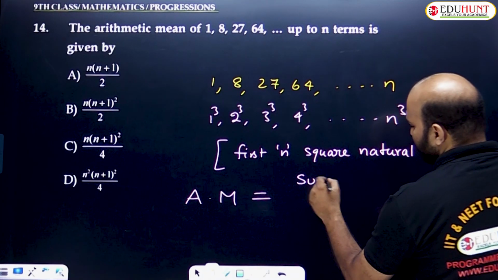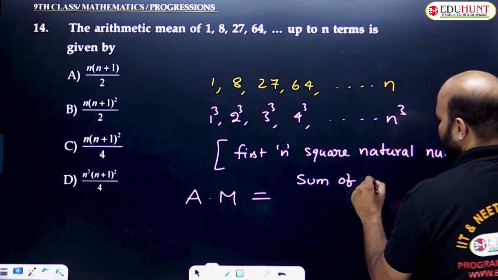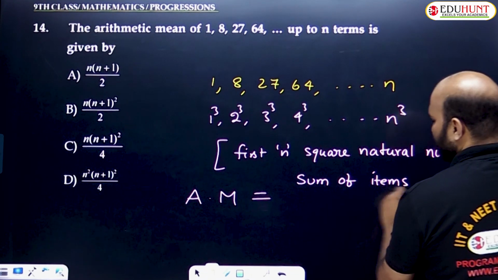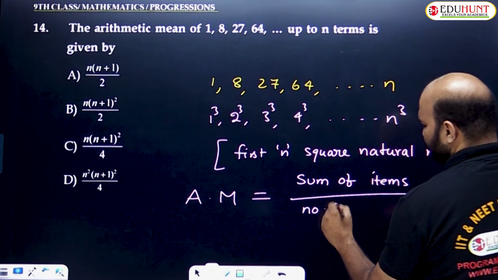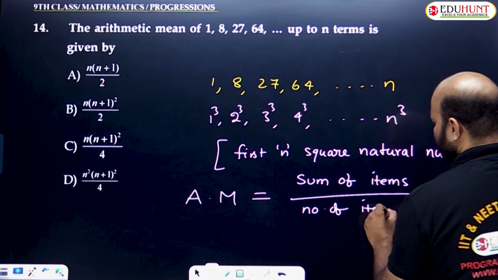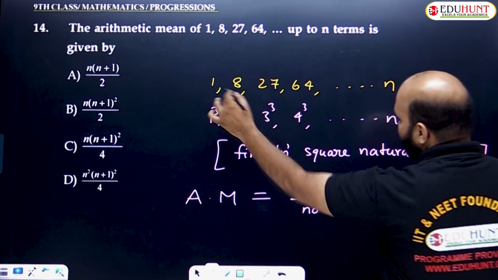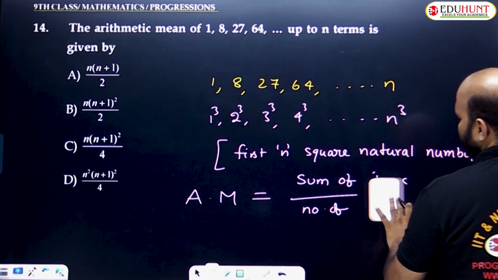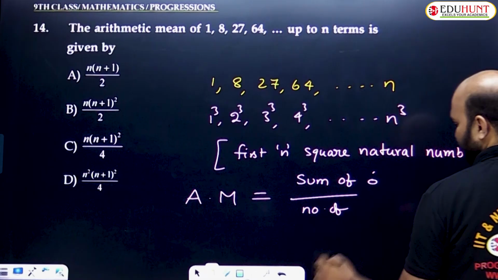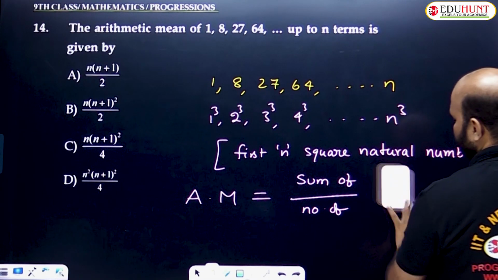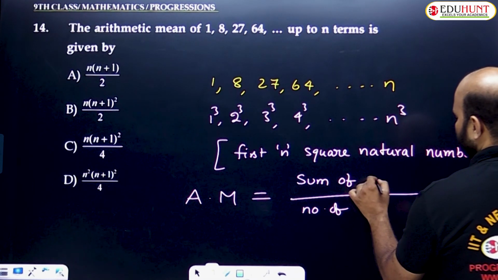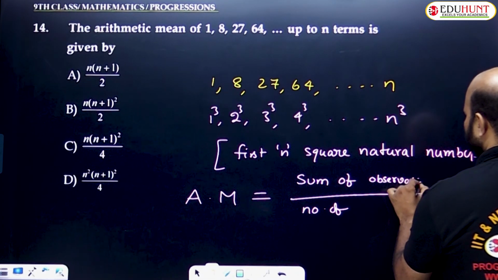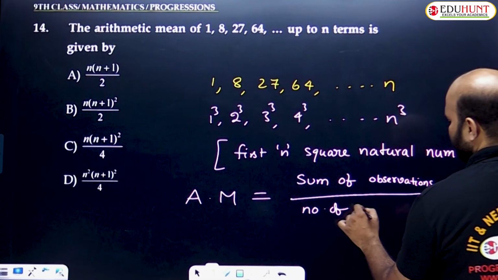Each one is considered an item, so it is the sum of items by the number of items. Each individual data here is 1, 8, 27, 64. Items or observations, both are the same.